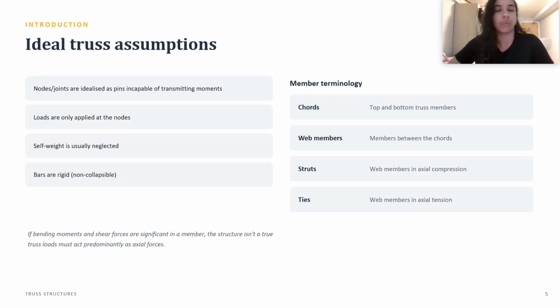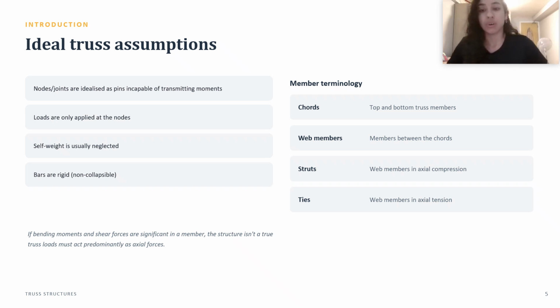Anything you think of in physics, maths, or engineering, there are always going to be assumptions. And here for trusses, these are our following assumptions. First one, we are going to assume there are no moments being transmitted on the pins. So that's the nodes and the joints.